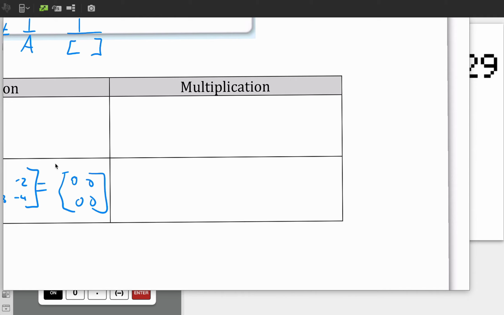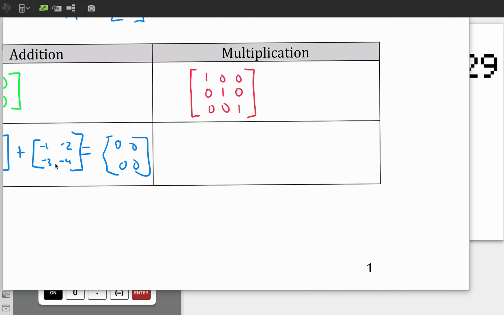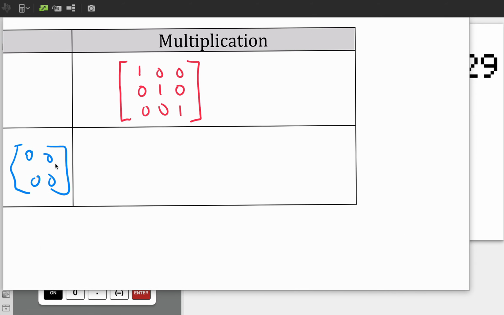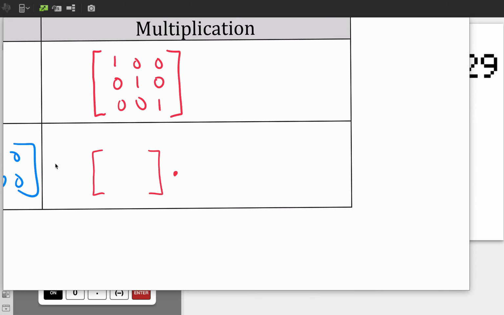We've already defined that here. If I have a 3 by 3 matrix, then this is my multiplicative identity. And if I have some matrix, I multiply it by some other matrix, and I'm going to get the identity.